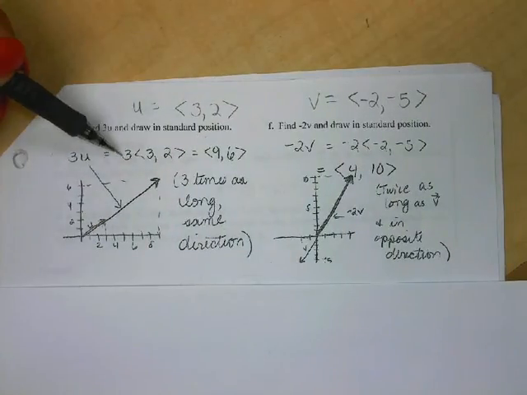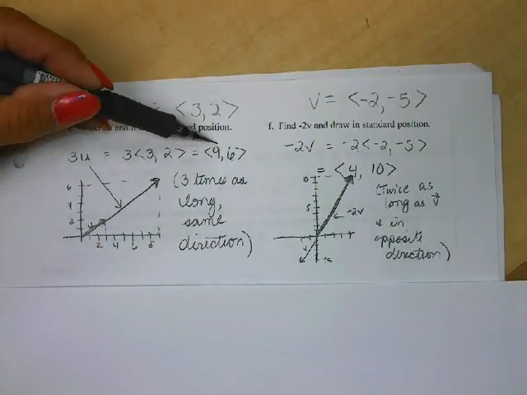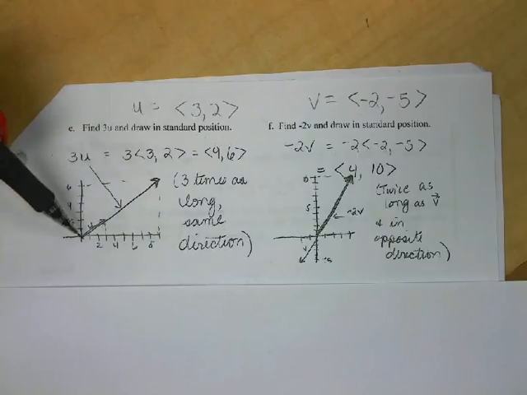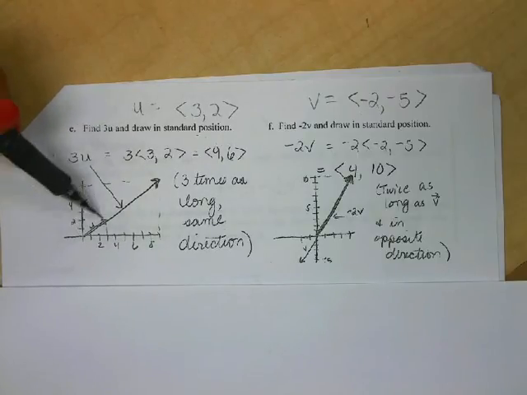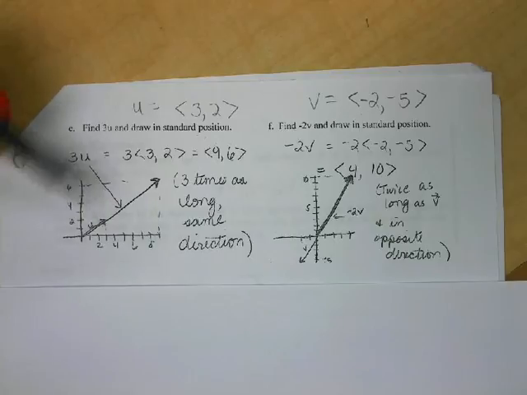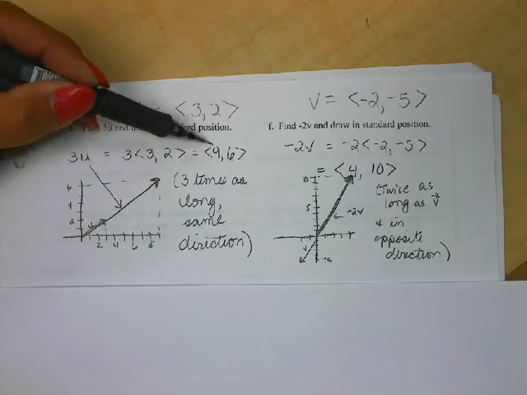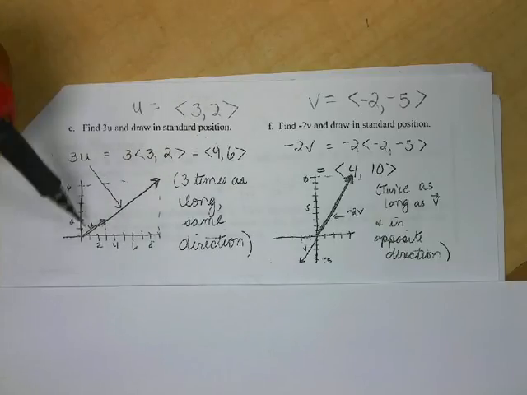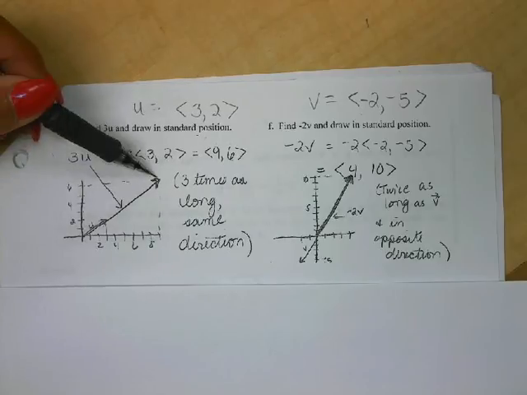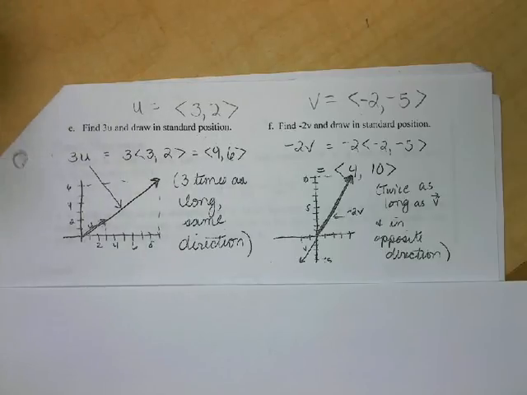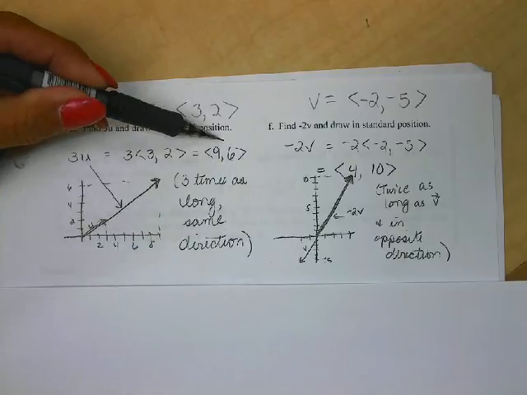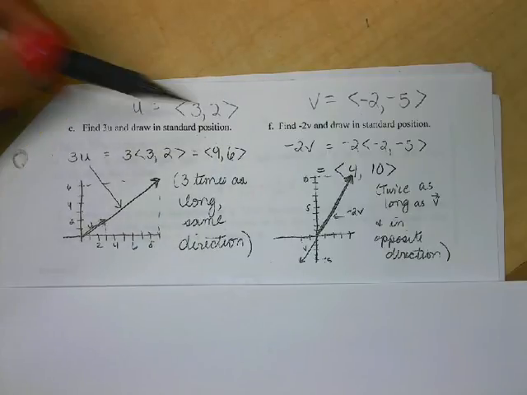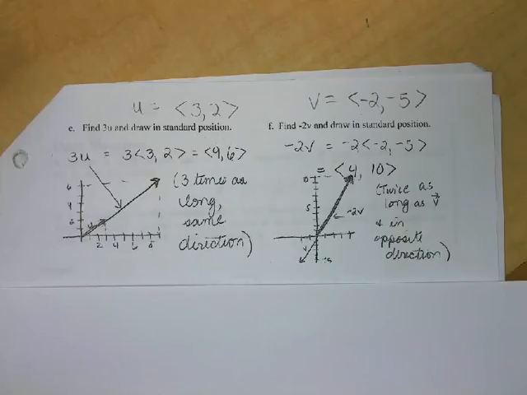Algebraically, again, it looks like I'm just distributing through to get the vector 9, 6, but if you determine the magnitude of vector 9, 6 in rectangular form with the Pythagorean theorem, you will find that their directions are the same, but the magnitude of this vector 9, 6 is 3 times bigger than the vector 3, 2.